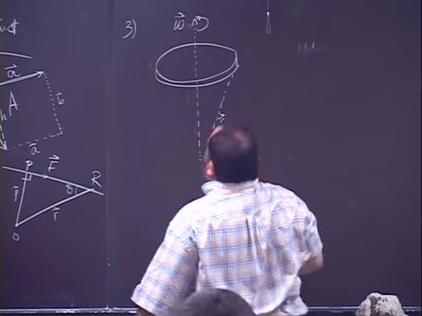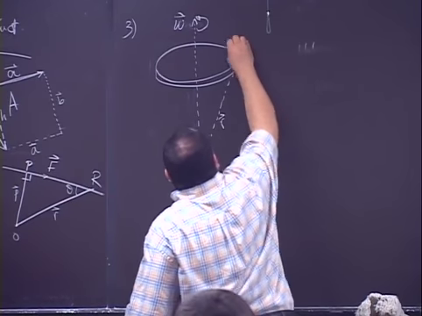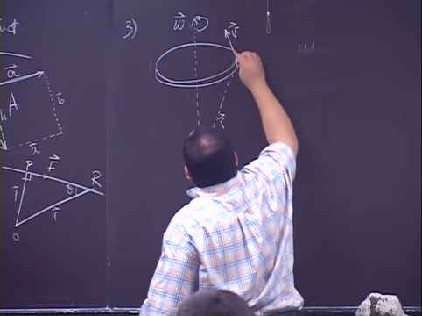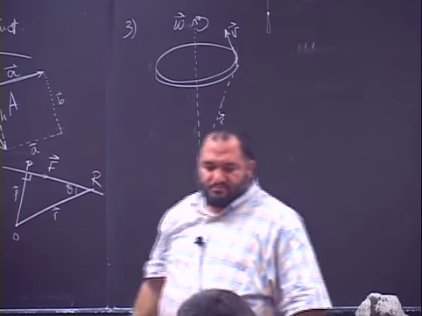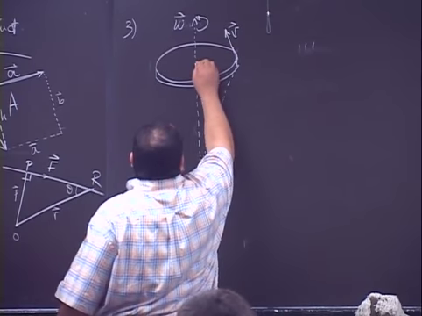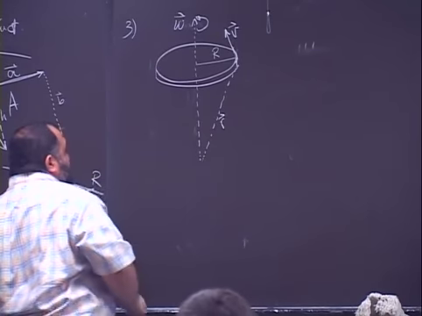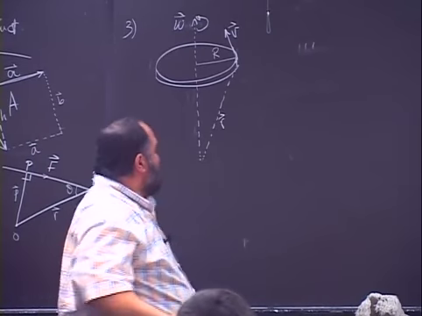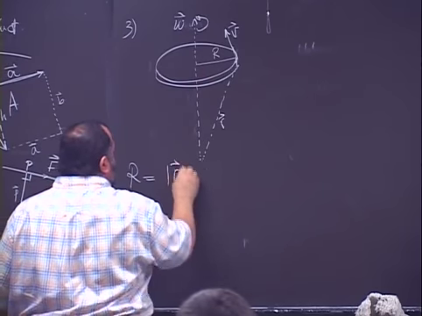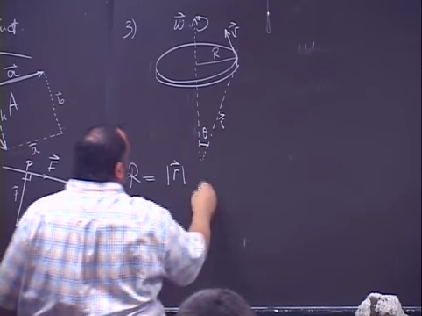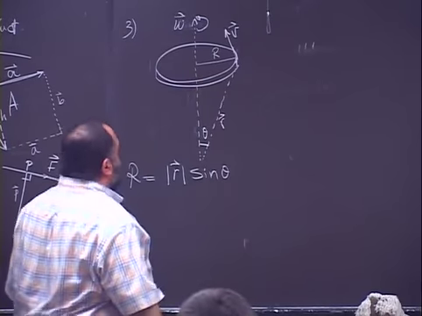In this case, it has a vector direction for the angular velocity, and we want to calculate, for example, the translational or tangential velocity V. So this radius here is small r sine theta, and this is in this triangle r sine theta.